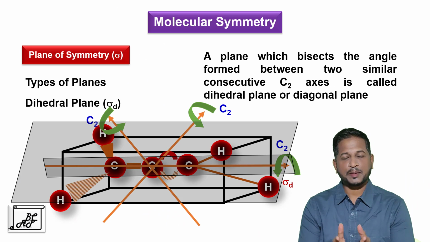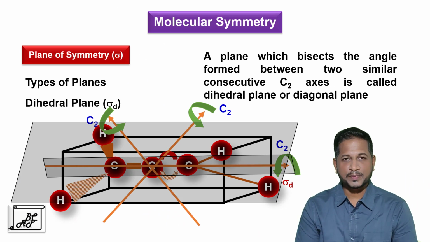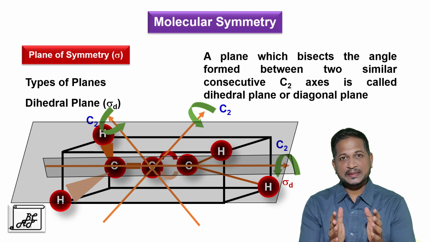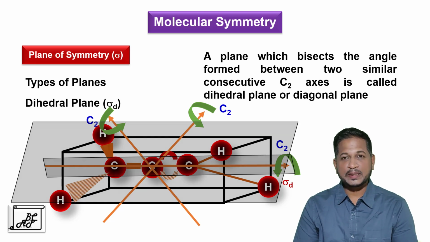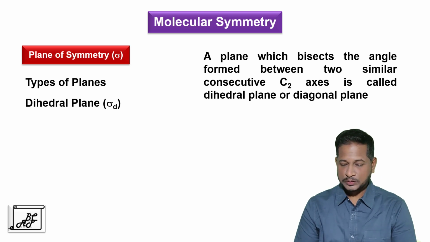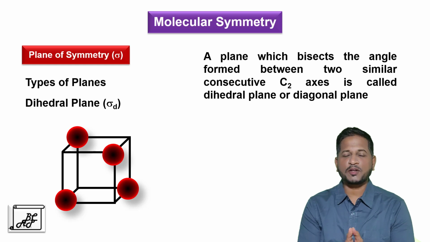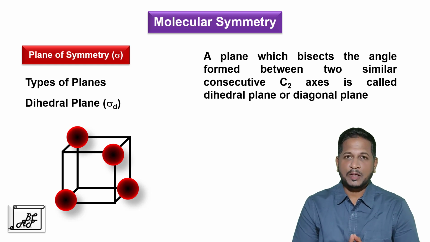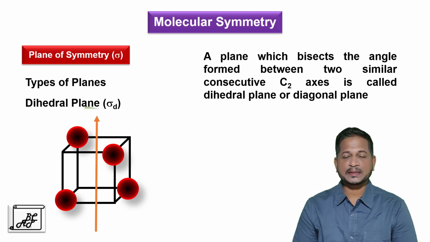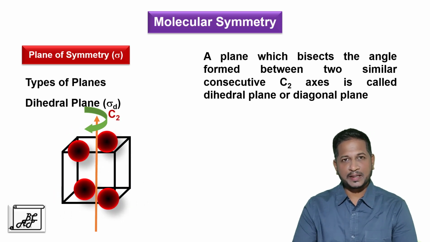I know that there might be some confusion in your mind to understand this dihedral plane. For this we can squeeze this allene molecule to a methane molecule. In methane molecule also there are 4 hydrogen atoms at opposite corners of a cube, which is similar to that of allene molecule. Now we can consider the first C2 axis like this to rotate these 4 hydrogen atoms around this C2 axis to get equivalent images.